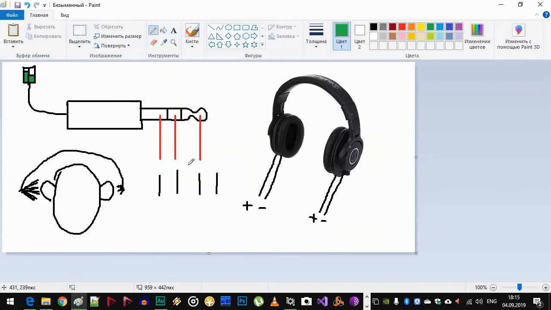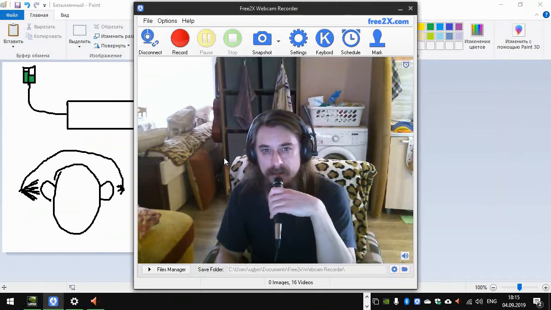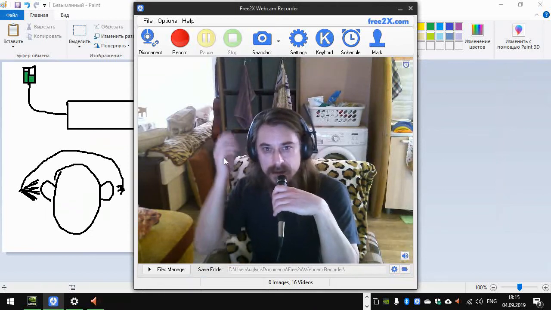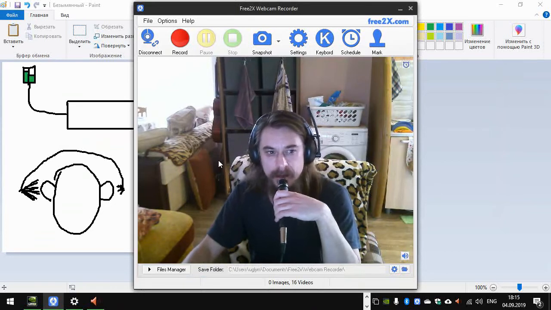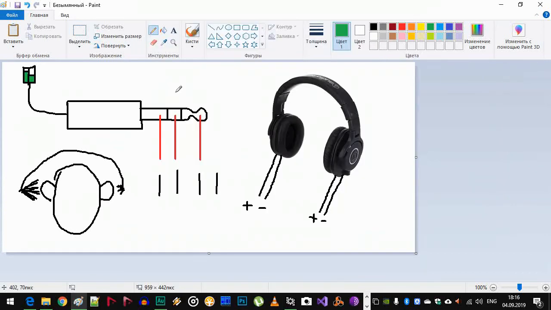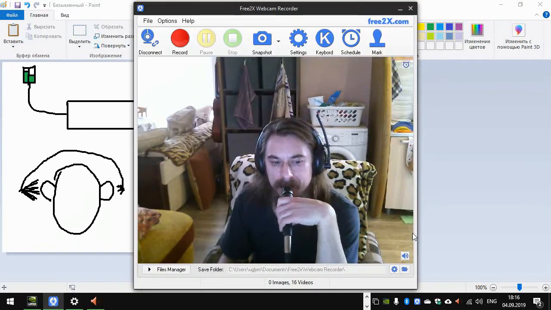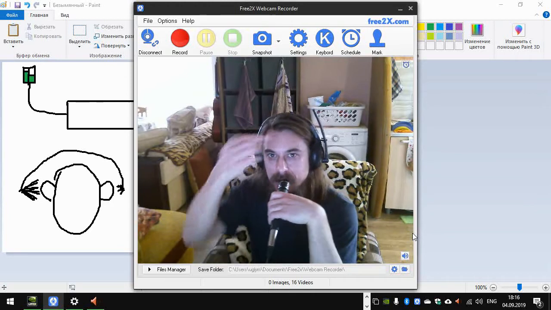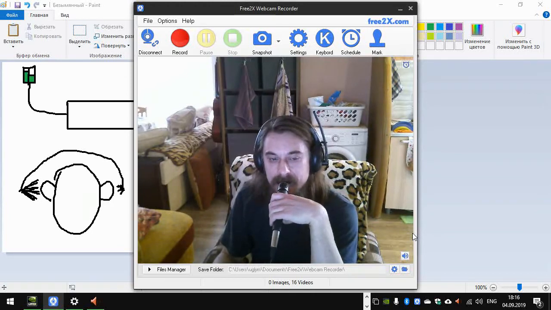So, in order to make this idea that everyone uses stereo for, humanity simply must use two mono channels, each of which will be a container for each of these things.